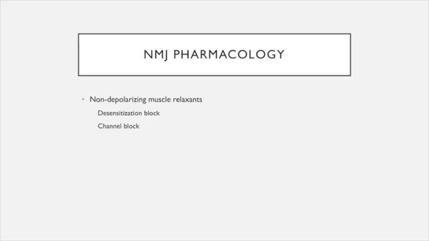There's also a concept called a desensitization block that can occur when using muscle relaxants, in that although acetylcholine may be around, the receptor no longer responds to acetylcholine as it had done before. The result is prolongation of muscle relaxation.